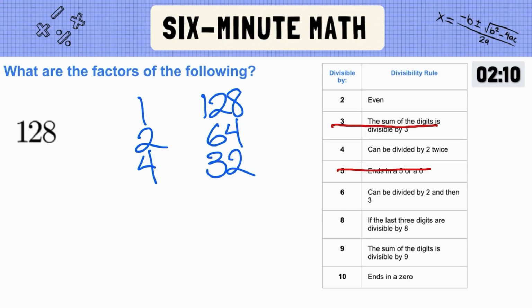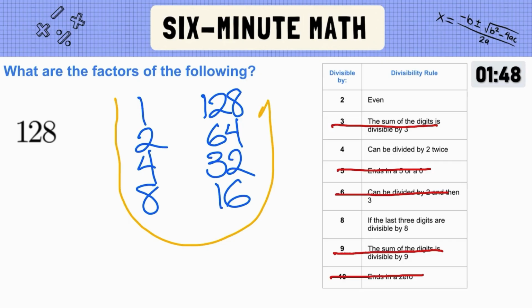It is not divisible by 6. It is divisible by 8. I have 8 and 16. And then I don't have a divisibility by 9 or 10 or 11 or 12 or 13 or 14 or 15. And then I get back to my 16, so I know my factor U is complete.